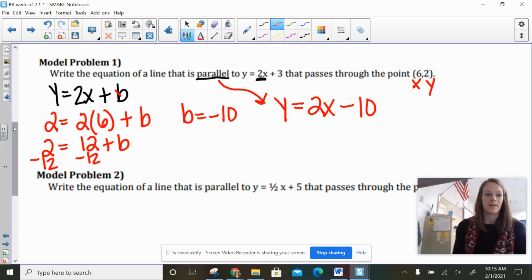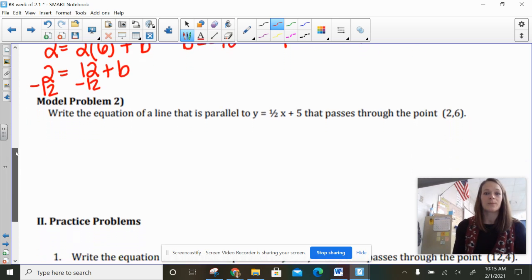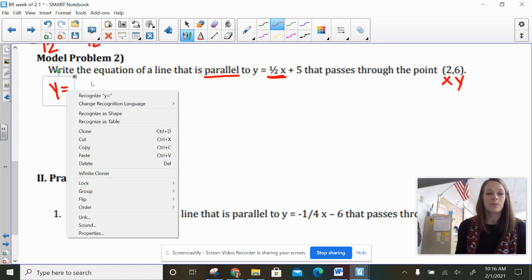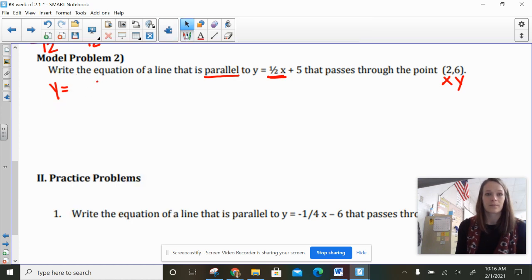All right, and then let's look at example 2. Write the equation of a line that is parallel, so it has to have that same slope, that passes through the point (2, 6). So that's my x, that's my y. I'm going to start with y equals 1/2 x plus b.